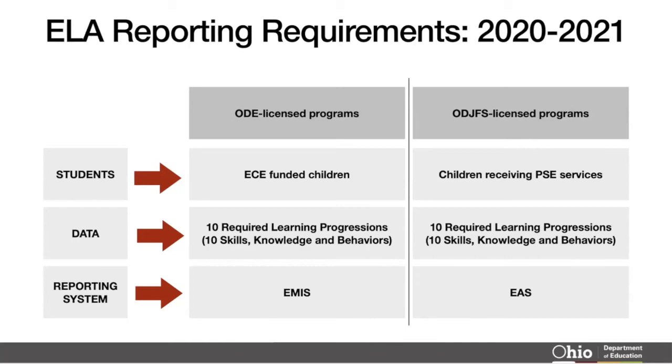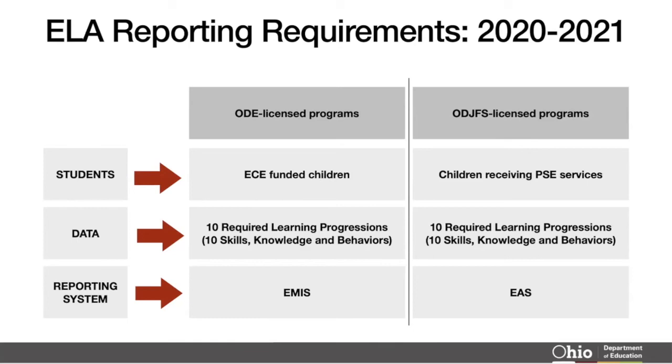Those scores come from either your KReady system or the bridge form, which we hope that most of you are using the KReady system. I think a lot of programs are now, and if you are still getting caught up and learning about it, that's what the help desk is here for. But for EMIS and EAS, those are the two reporting systems that you would be sending your scores through.